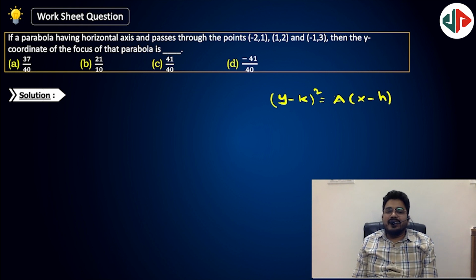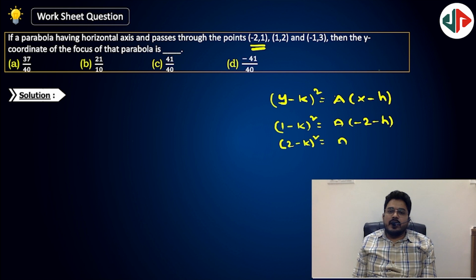Three unknowns. I need the k value directly. So first one, it is passing through minus 2 comma 1. So 1 minus k whole square is equal to a times of minus 2 minus h. And 2 minus k whole square is equal to a times of 1 minus h.